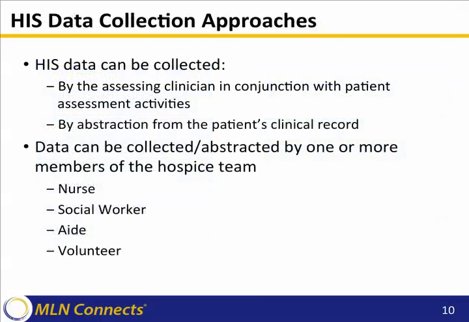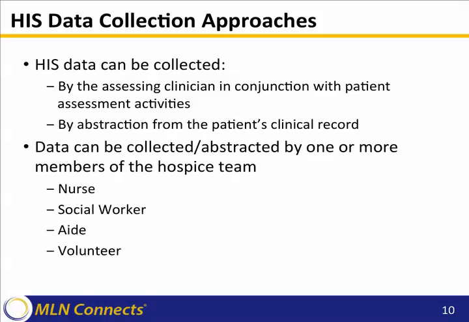Hospices can collect HIS data using either a real-time clinical approach or a retrospective clinical record abstraction approach. HIS data collection can be done by the assessing nurse selecting responses to HIS items concurrent with patient assessment activities.